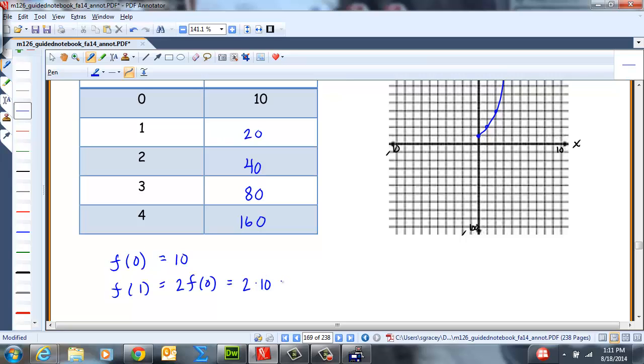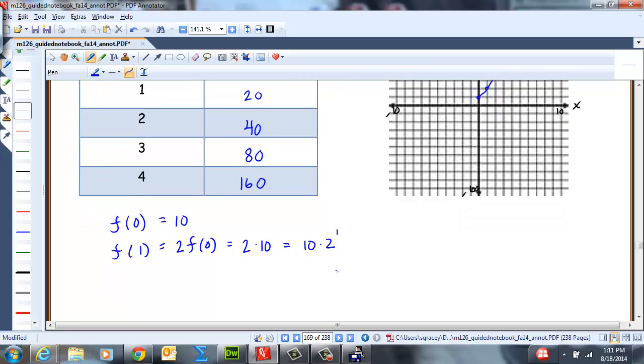So let's write this as 10 times 2 to the 1. Similarly, f at 2 is equal to 2 times f at 1, which is 2 times, now I'm going to plug in that last thing we got for f at 1, which was 2 times 2 to the 1.